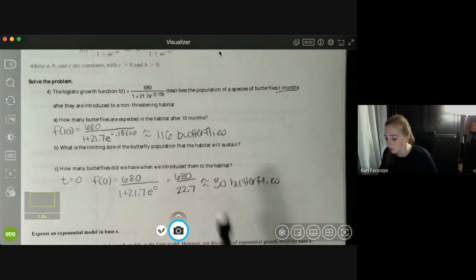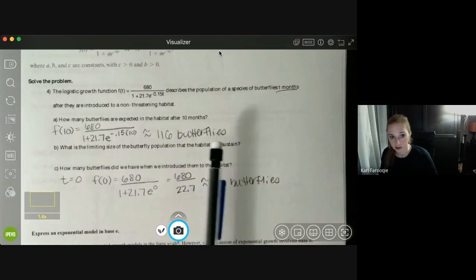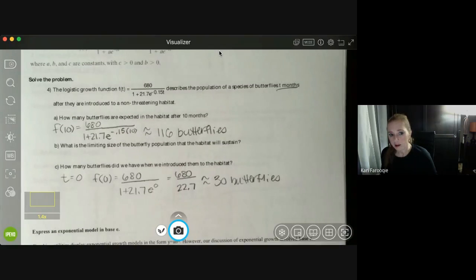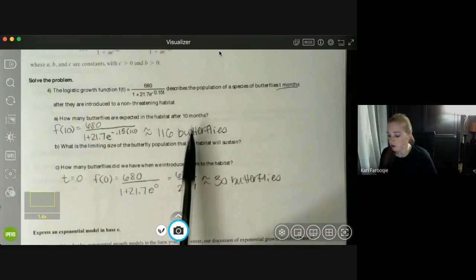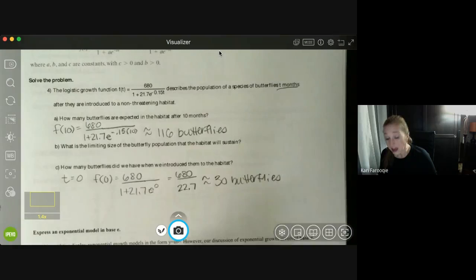You started out with 0 butterflies, and then after 10 months, you had approximately 116. So you have this growing amount of butterflies. The question is, as time goes on, you started at 0 months, then you evaluated at 10 months. At some point, the habitat cannot sustain, for instance, 1 million butterflies.